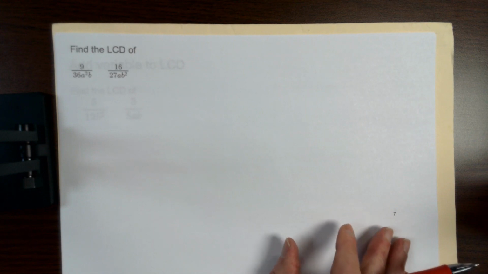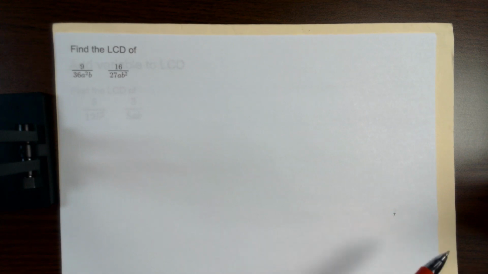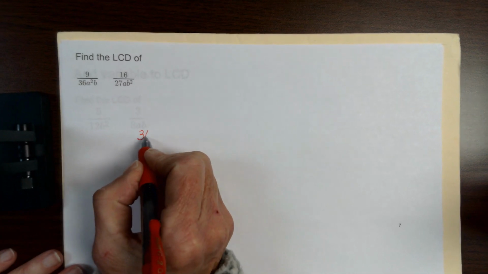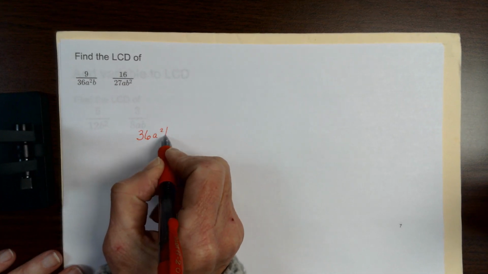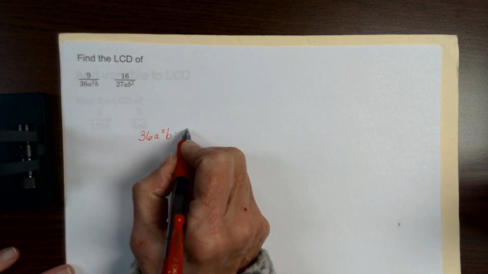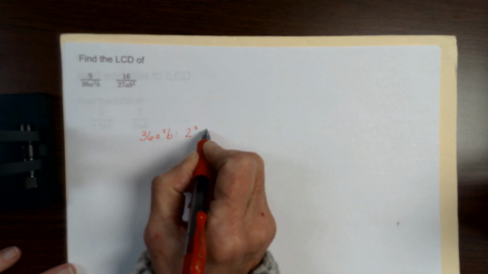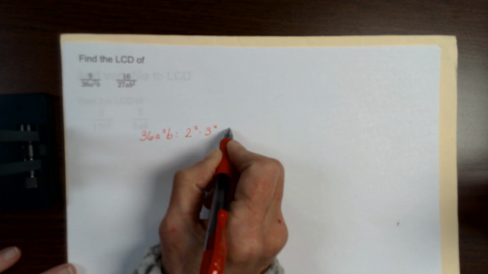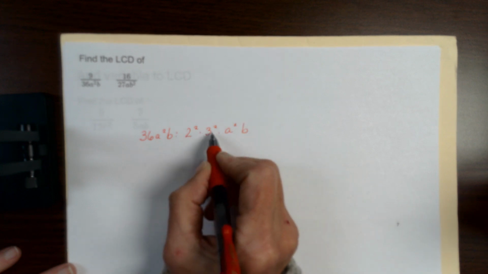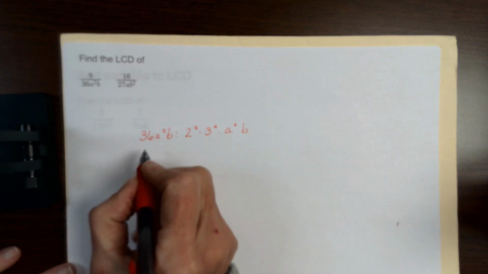You can also find the least common denominator when you have variables in with it. So like if I take the 36 a squared b, and I want to write the bottom row of the factor tree, I'm going to have 2 squared times 3 squared times a squared times b, because it's going to be 4 times 9, which is going to give me 36.